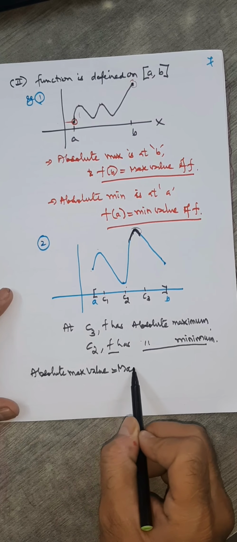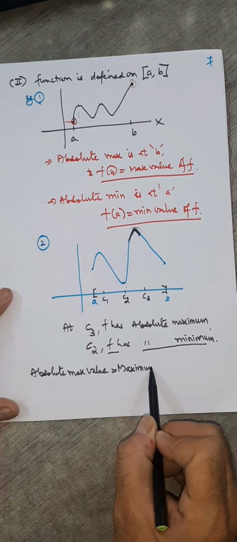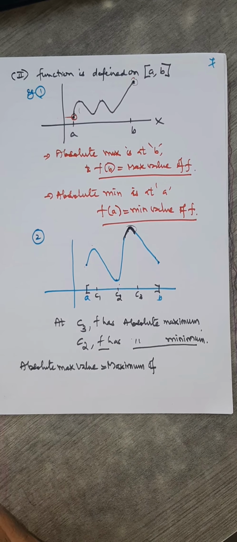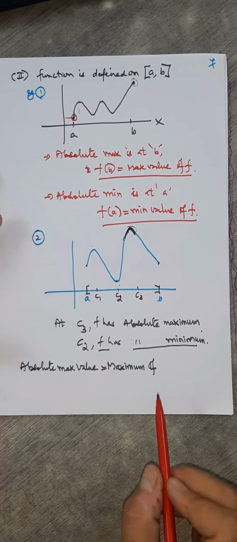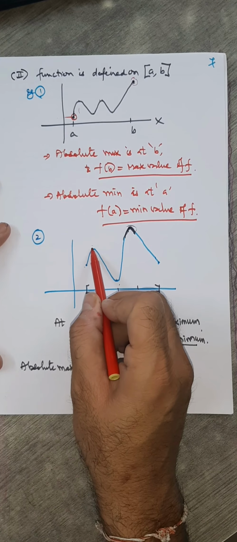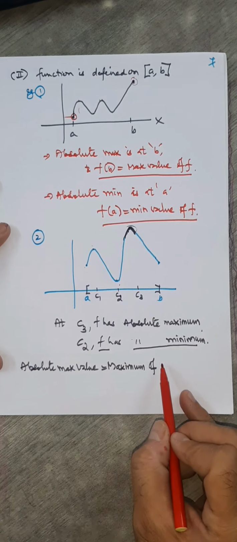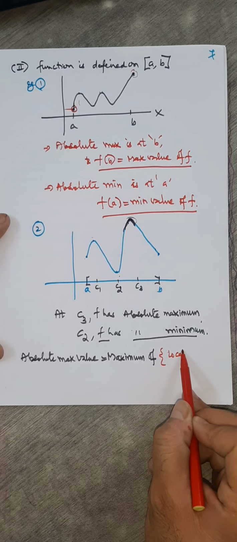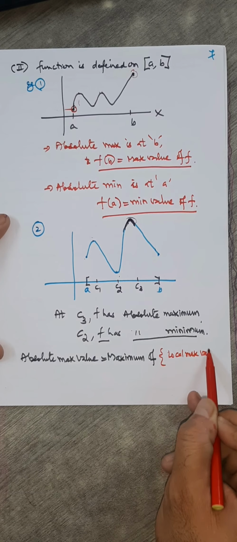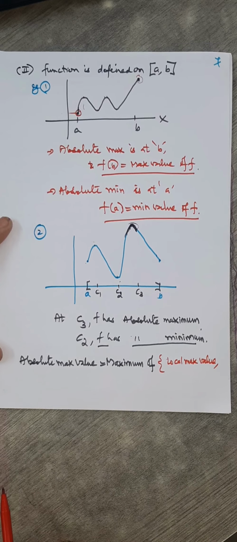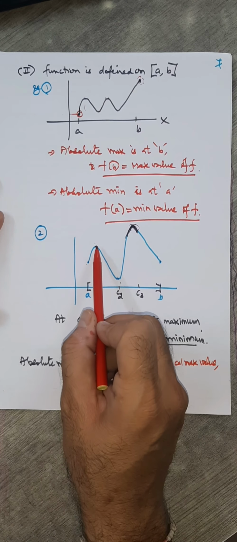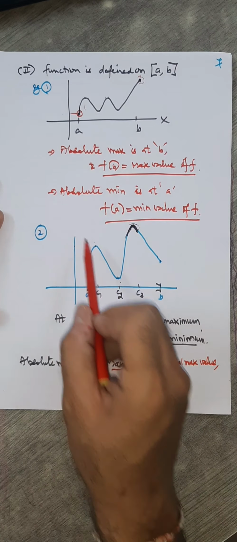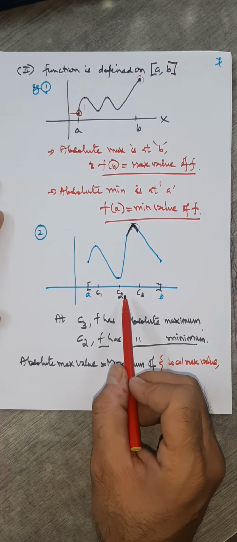We take the maximum of all the points where the function attains the local maximum, like here, this. So maximum of local maximum values. And what else? See, in this graph, if I take, suppose this is 20 and this is 25, then what's the maximum? That's 25. So that becomes the absolute maximum value.